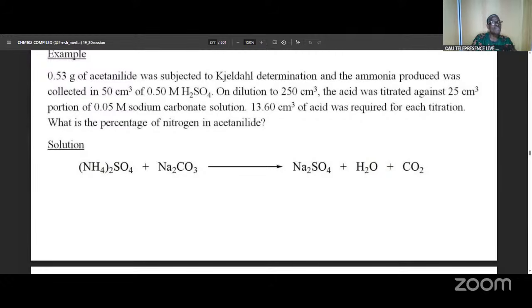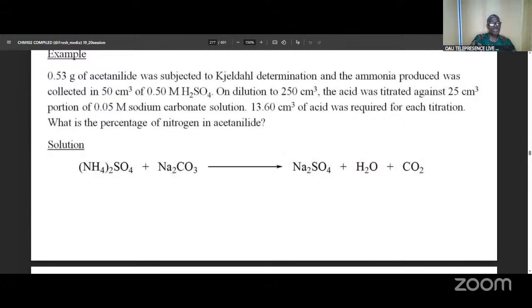So let's solve this problem on the Kjeldahl method. For example, if you have 0.53 gram of acetanilide, which is an organic compound that contains carbon, hydrogen, oxygen, and nitrogen. Now, 0.53 gram of acetanilide was subjected to Kjeldahl determination, and the ammonia produced was collected in 50 cm cube of 0.50 molar H2SO4.